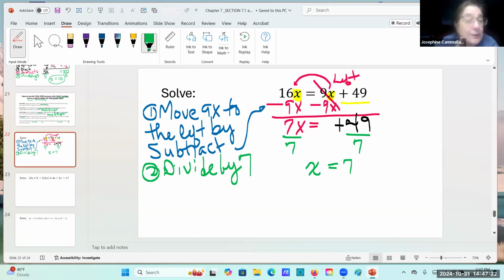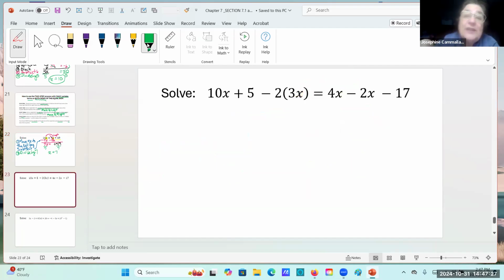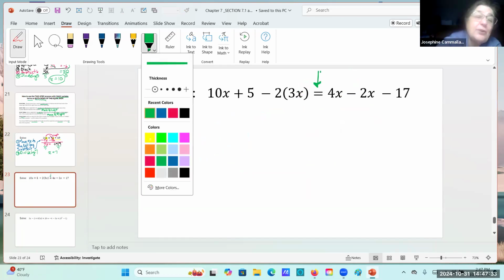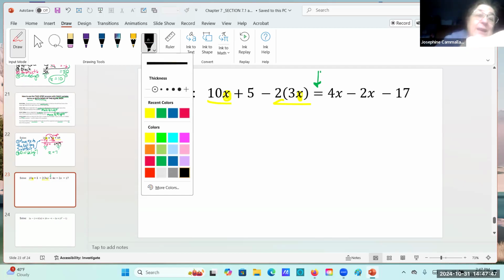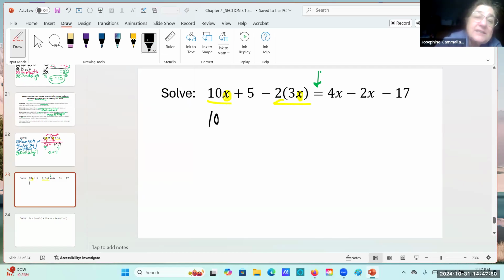Now, the last two get a little complicated. Okay. Now, first off, here's the equal sign. Now, notice right here, I have this x and this x. These two terms must combine. Okay. Now, this will give me 10x plus 5 minus 6x. Now notice, this is the left-hand side of my equation.